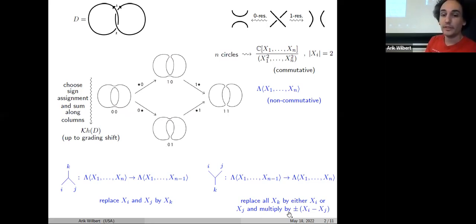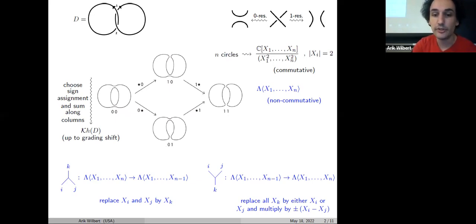In some sense, if a circle splits into, let's say, the i and j circles, you have to make some circle a preferred circle. This is the one that gets the negative sign. So something new happens on the level of these maps.